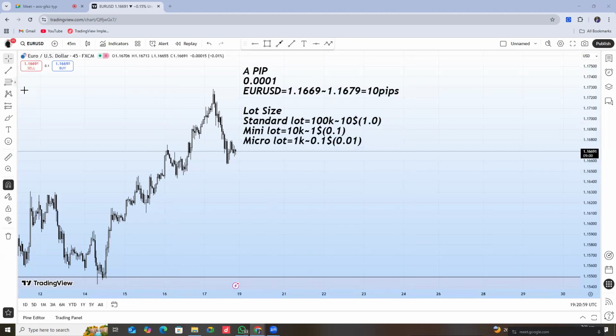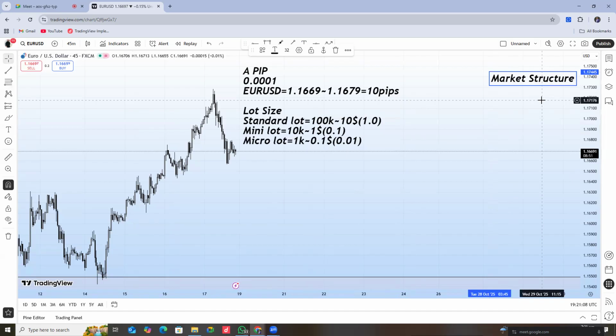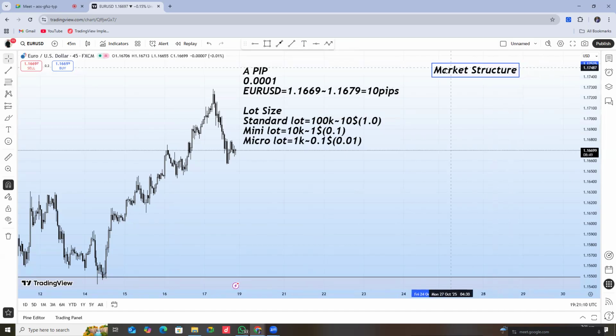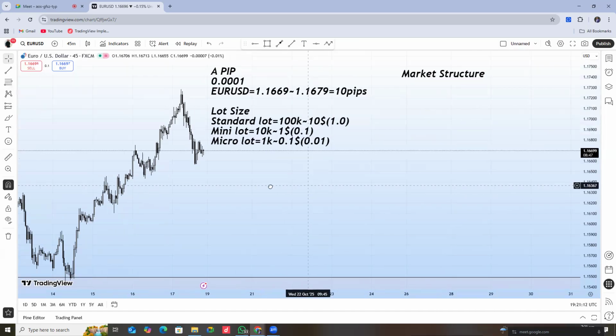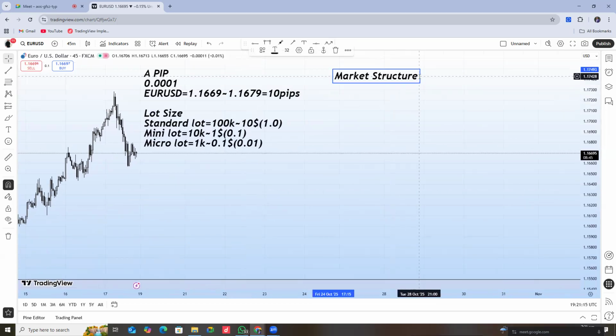Thank you very much. So the next thing that we are going to look at is what we call market structure. We are going to look at the market structure, and I want to believe that we understand it.